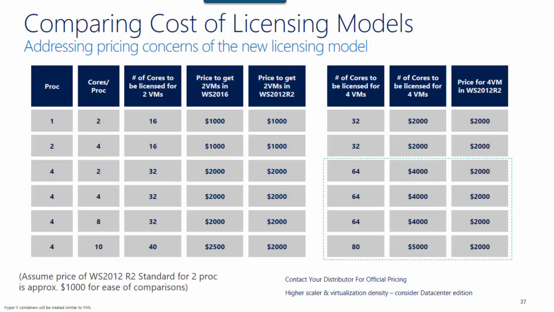But if we take a look here, the important thing to understand is that as we go from 1 proc through to 4 procs with the 8 cores, there's no change in terms of the pricing. If we think about the typical SMB environment being a 1 proc or 2 proc environment, then as long as we've got servers with 8 cores or less, and remember these are 8 cores, ignoring any kind of hyper-threading technology, so this is actual physical cores.